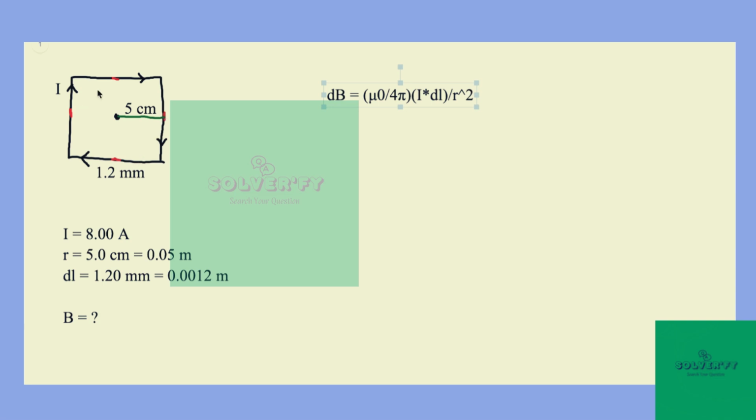And remember, we have 4 of them, and because of the symmetry here, all we have to do is multiply this entire expression by 4 to get the total magnetic field. When we do that, we get that B is equal to 2.88 times 10 to the minus 6 Tesla. And again, the magnetic field is pointing into the page.